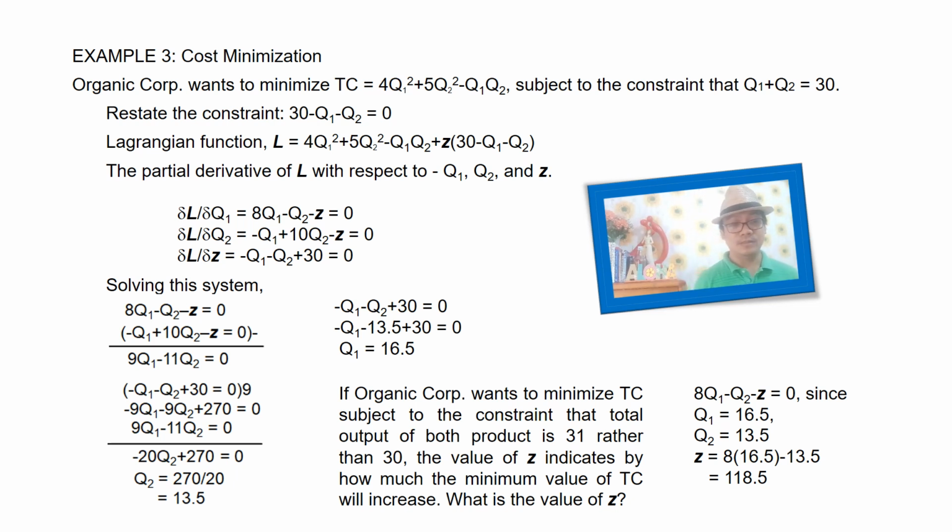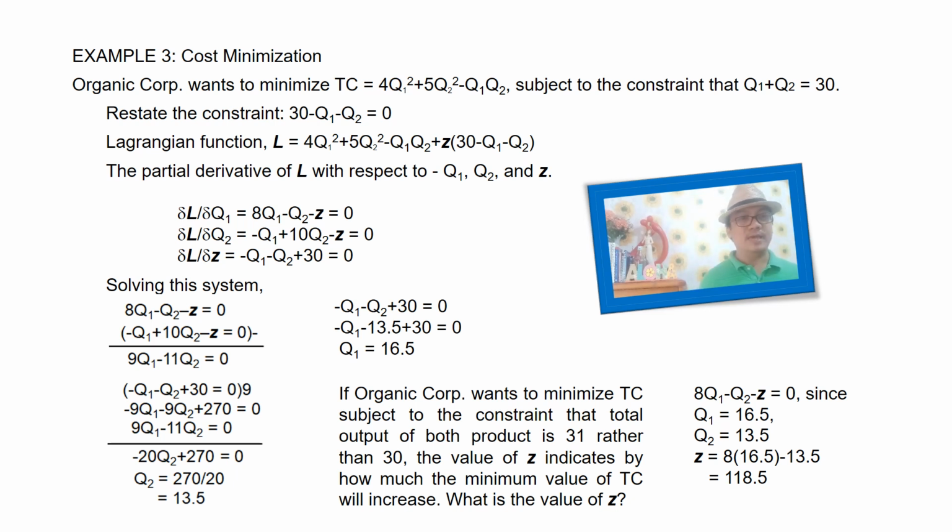For example, in the case of organic corporation, we must find the values of q1, q2, and z that minimize our Lagrangian function. To do this, we must find the partial derivative of the Lagrangian function with respect to each of these three variables, q1, q2, and z.